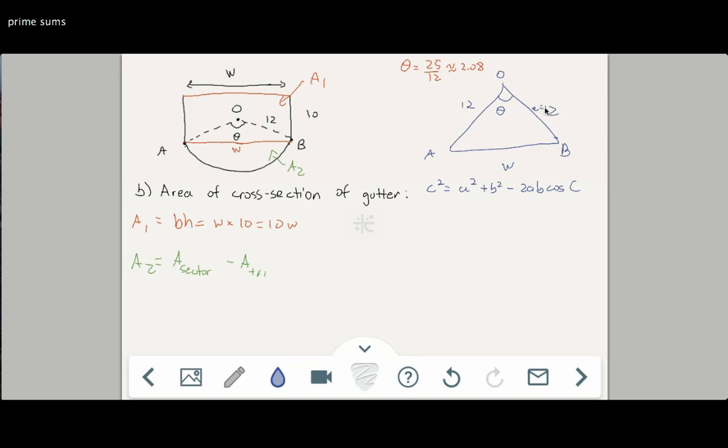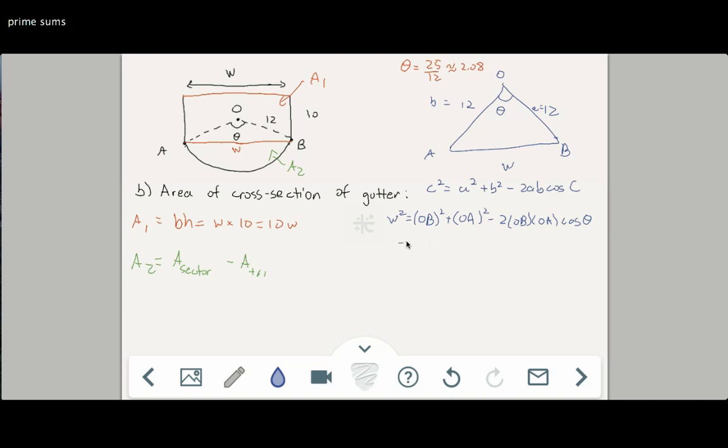So lowercase a would be this side, this would be lowercase b, and c would be W. So I'm just going to rewrite this as W squared equals OB squared plus OA squared minus 2 times OB times OA times cosine of the angle between them, which is theta.